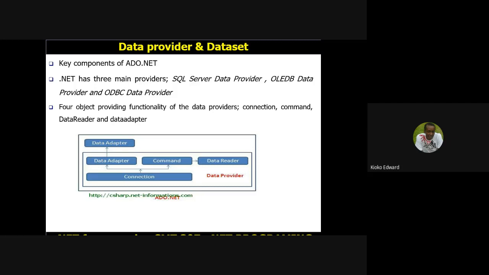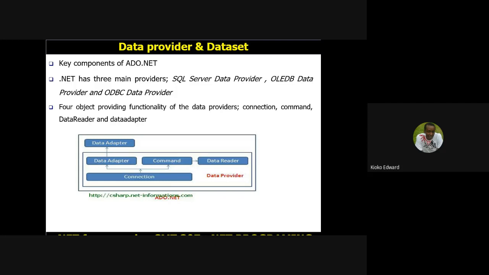Then we do have the adapter. The adapter will allow us to query or do some kind of updates to the database. For example, you want to insert records, select records from the database, update records, or delete records. That will be done via an object we are calling the data adapter.